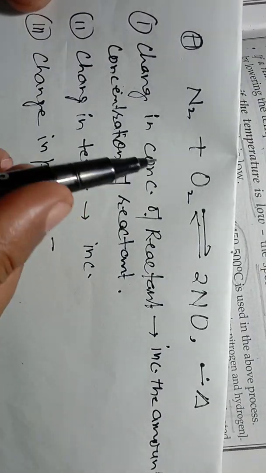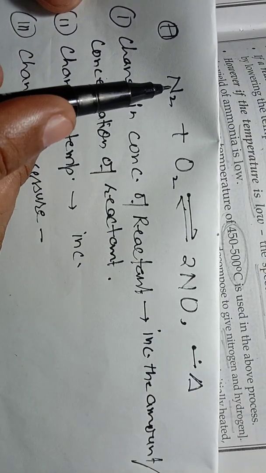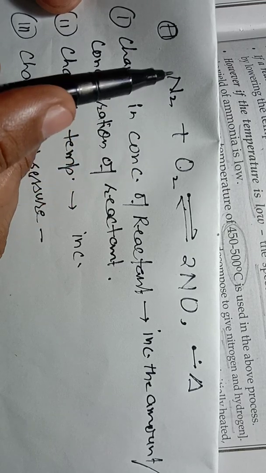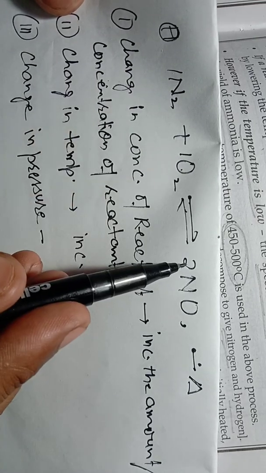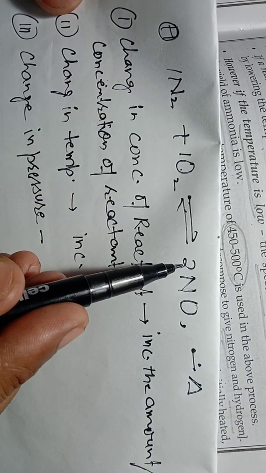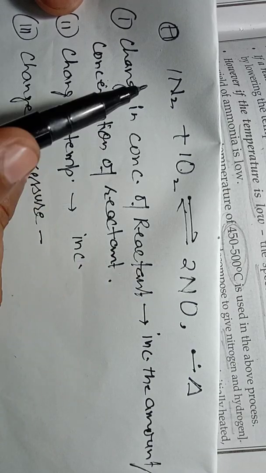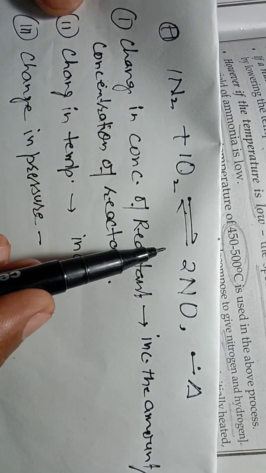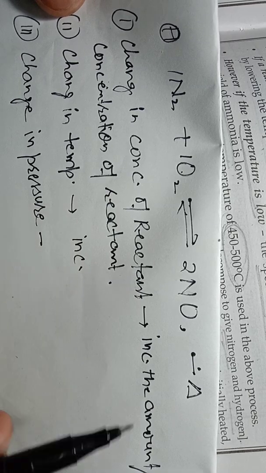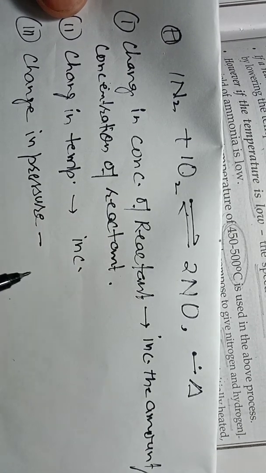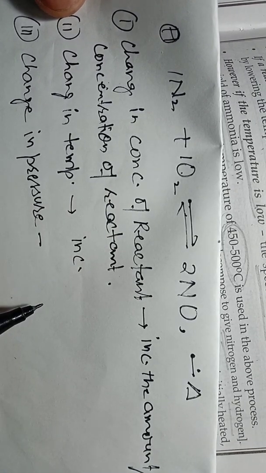Because in this reaction, the number of volumes or number of moles of the reactant equals the volumes or number of moles of product, there will be no effect of change in pressure.